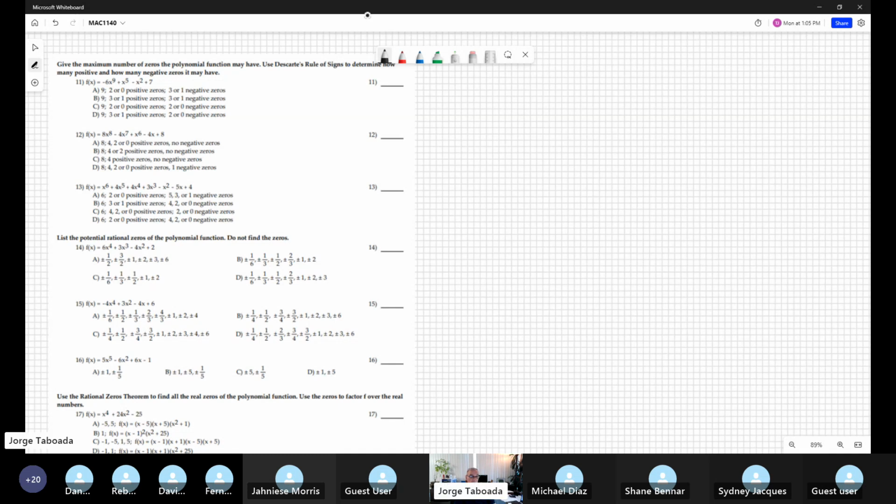Okay, entonces the next example is 13: x to the 6th power plus 4x to the 5th power plus 4x to the 4th power plus 3x cubed minus x squared minus 5x plus 4.